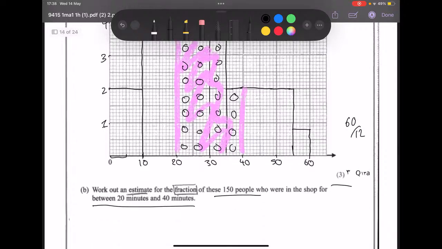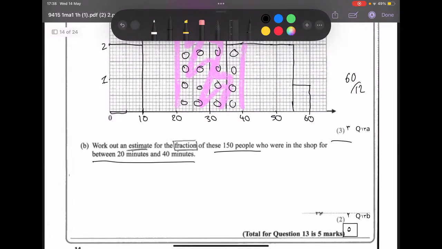So we actually have 27 blocks out of... No, we have 67 out of 150, and that is our answer.